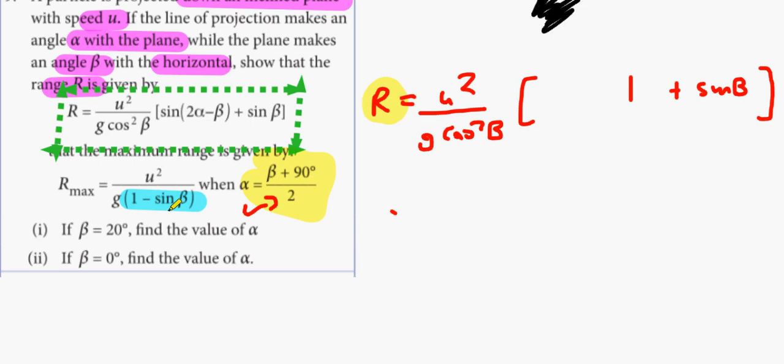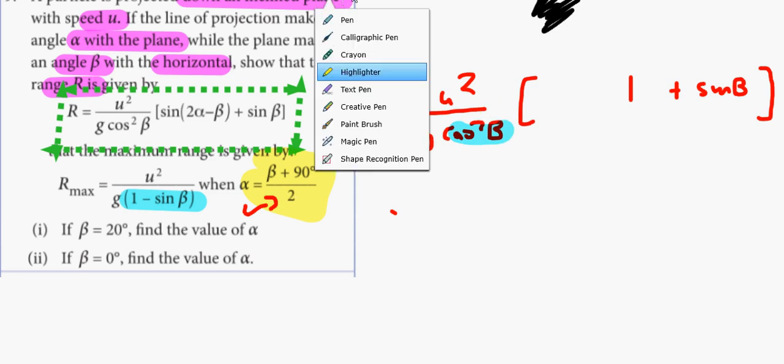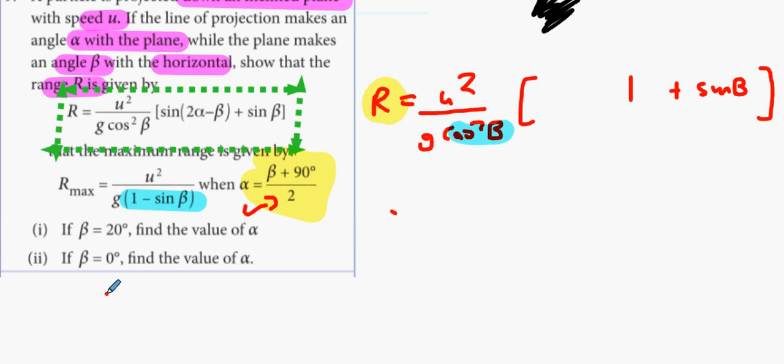What did they get rid of? What's not there? Cos squared beta disappeared. How did it disappear? It's a different matter. So here we go. There's a rule I got you to learn off in chapter 3. The rule is cos squared a plus sine squared a equals 1. Cos squared any angle plus sine squared the same angle equals 1, no matter what angle you pick.